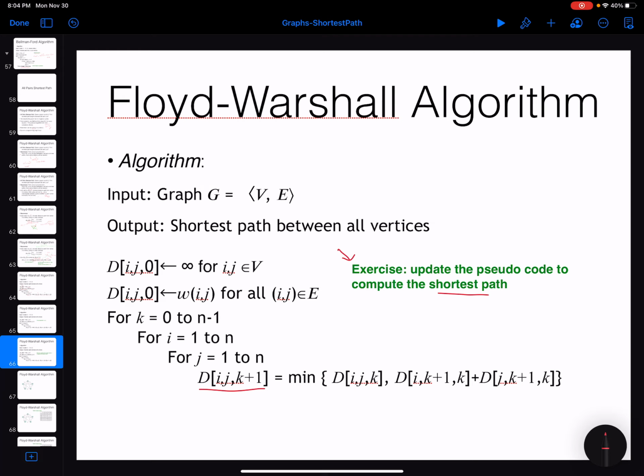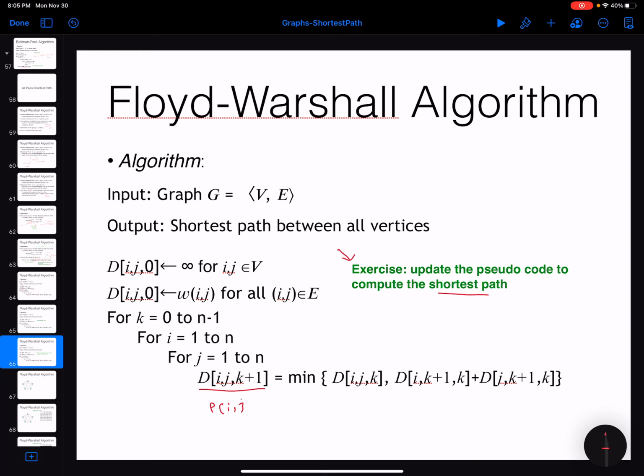Basically, for finding the shortest path, you need an array for the parent, right? But this time the array is not going to be a single one-dimension array. You need to define it as a 2-dimensional array.